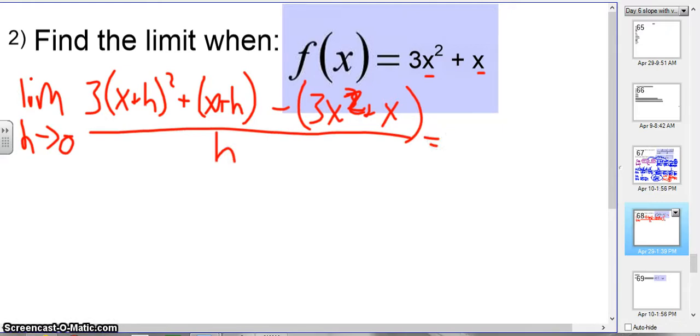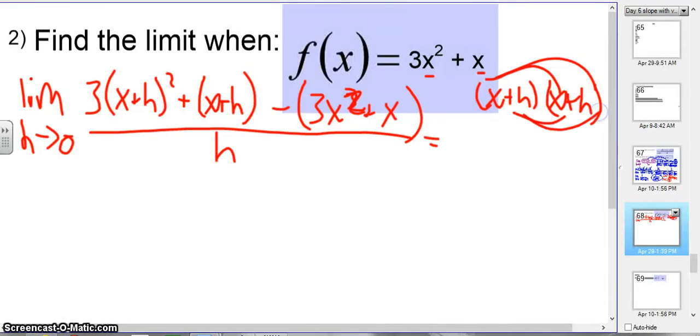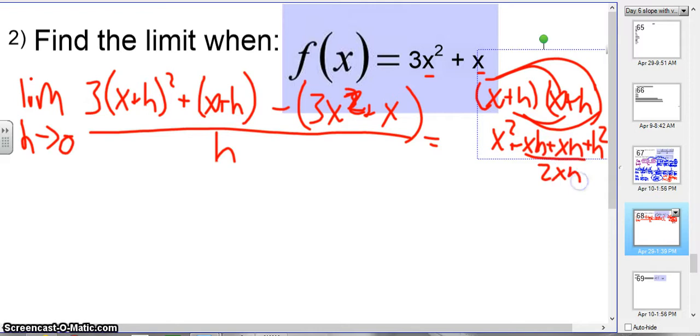Okay, so this is the fun part. It's a quadratic. So when I have a squared, I'm going to have to multiply it out. I'm just going to do this off to the side. So I'm multiplying it out, double distributing. I'm going to get x squared plus xh plus xh plus h squared, and that's going to be 2xh.